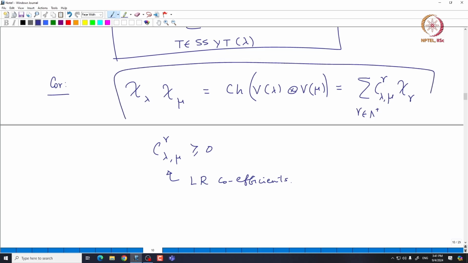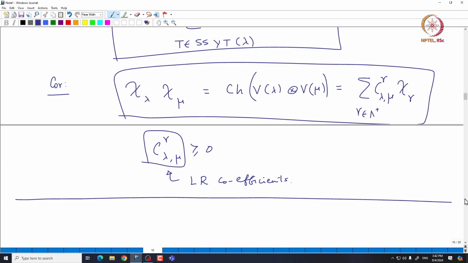One can straight away prove that, and that proof is going to give you how to compute these LR coefficients, but that also you can find in the Stembridge paper on this concise proof of the Littlewood-Richardson rule. But this is something like using representation theory in order to prove something in combinatorics, which is not at all obvious. Once we know this, we can attempt to calculate what this coefficient will be, but even that is a non-trivial thing that follows from representation theory.